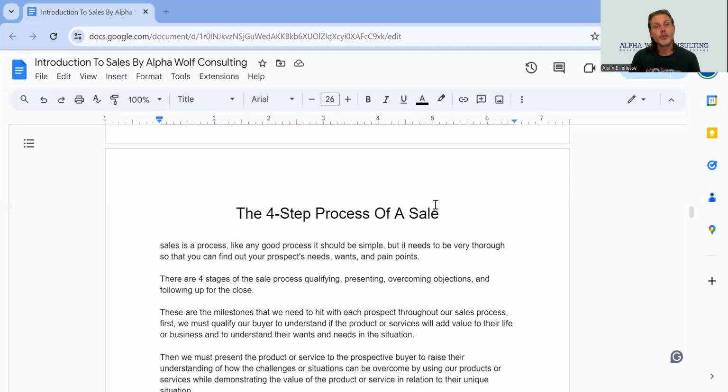And what we want to do is keep a lot of core information for the objection handling. So when we're in the presenting phase, while we're educating and presenting to the buyer, we're not going out there and just blabbering on about every single minute aspect of the product or service that we are selling. What we want to do in the presenting phase is a comprehensive framing of the product or service that we're offering.